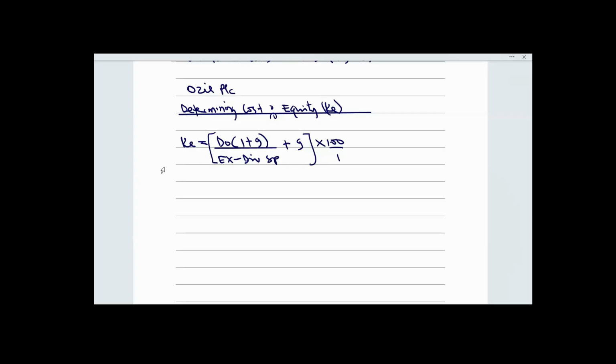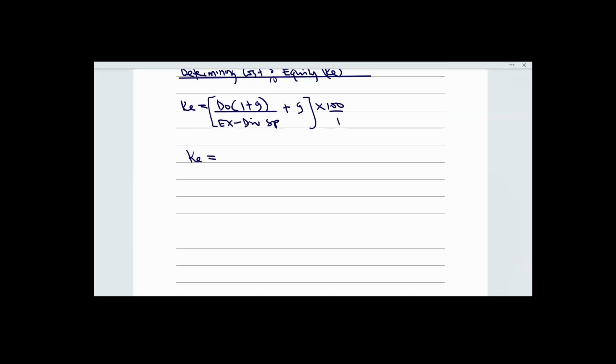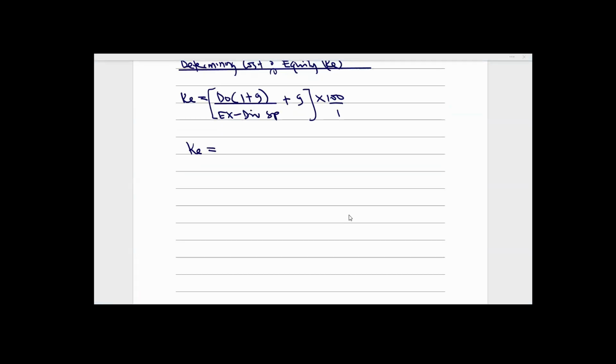So KE equals, I will go back to the question. You have access to the question, so please let's do it together. The current dividend is 30 kobo, that's 0.3, into 1 plus growth rate.